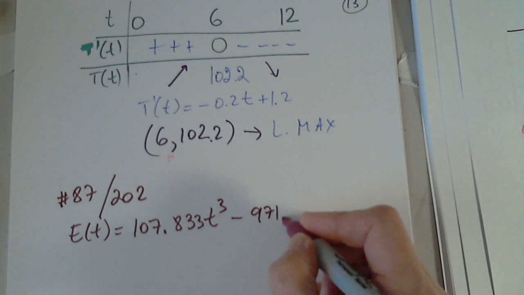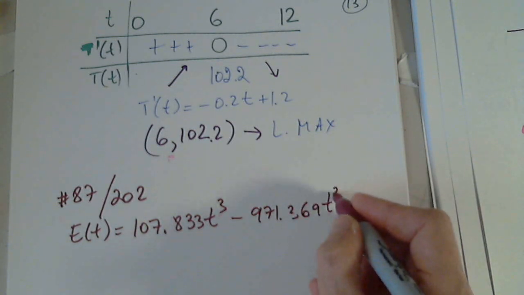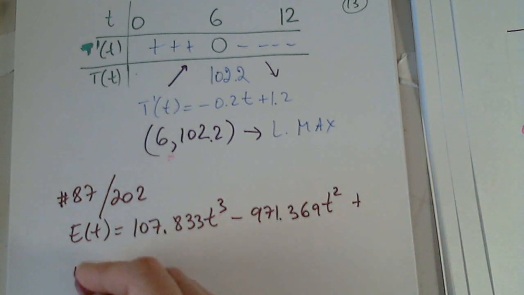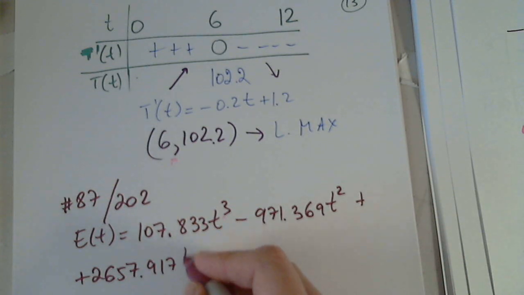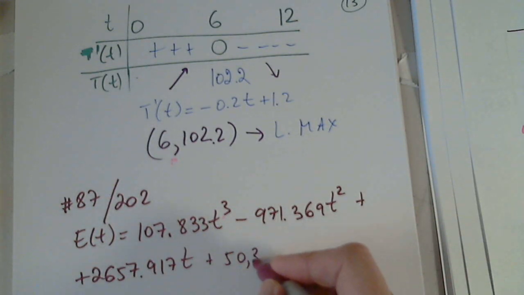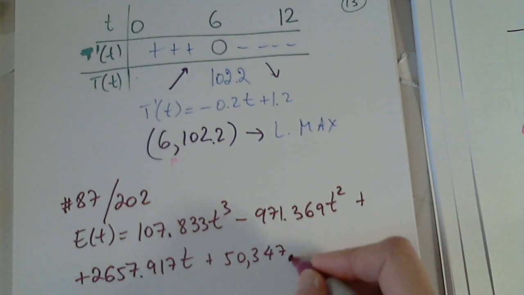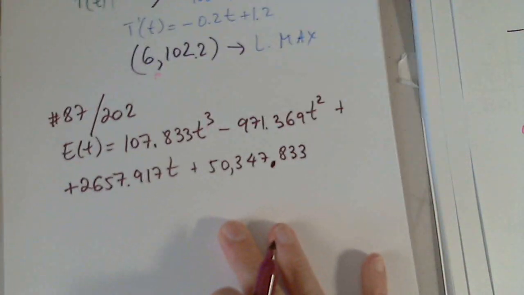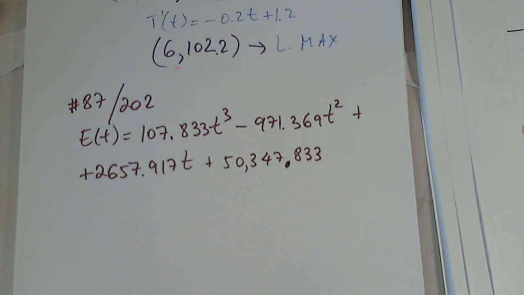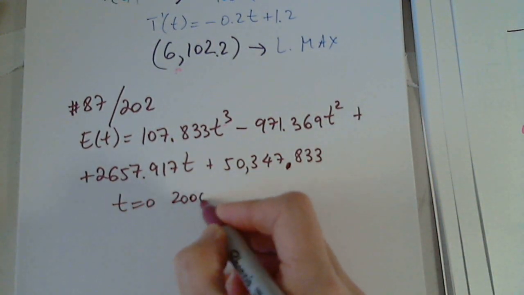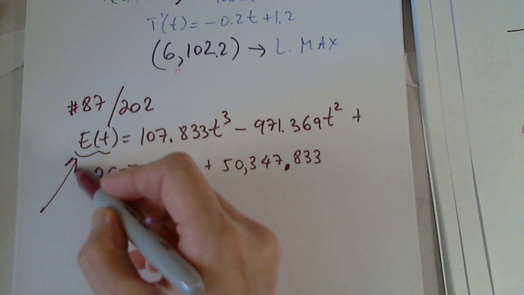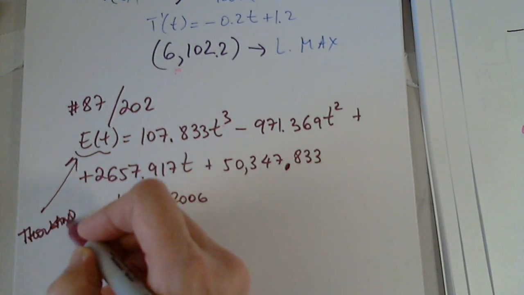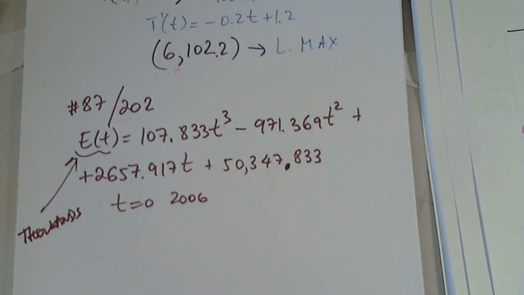E of t equals 107.833 t cubed minus 971.369 t squared plus 2657.917 t plus 50,347.833, where t is the number of years since 2006, so t equals 0 for the year 2006, and E is in thousands of employees. Find the relative extrema of this function and sketch the graph.